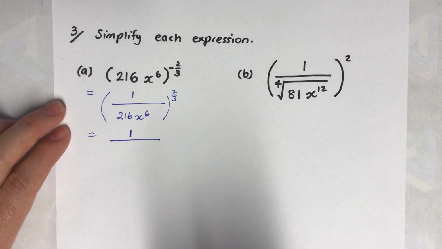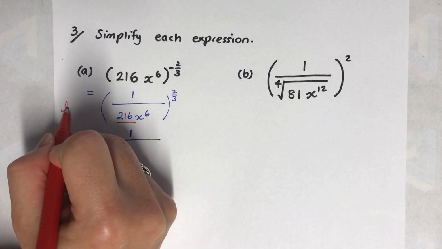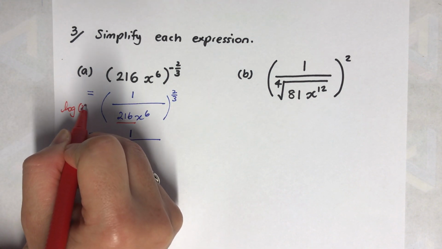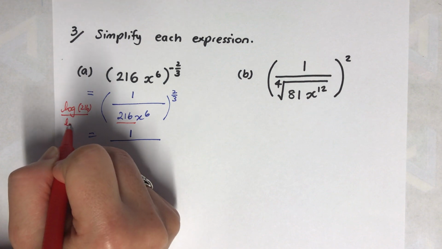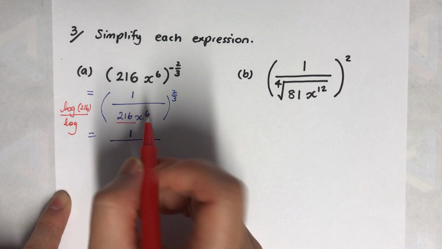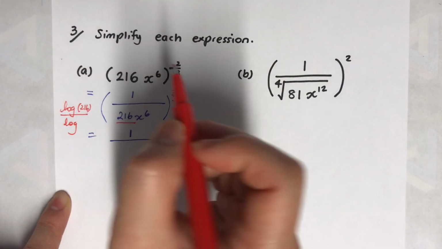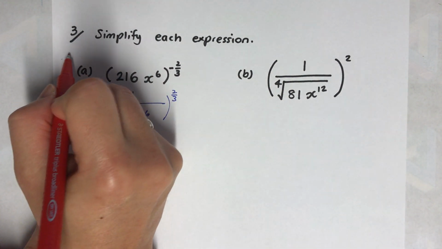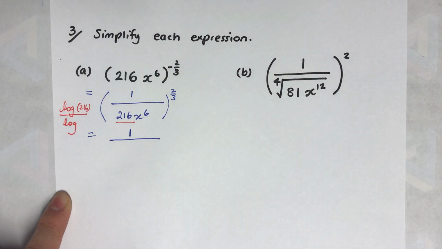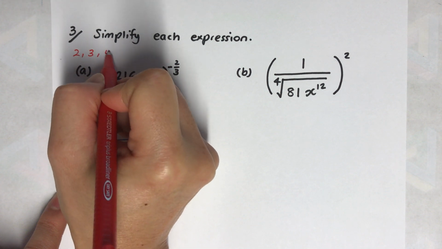Now remember, what's the power of things? So I'm going to go log 216 over log. Now we need to think about this. What base are we going to use? This is an even number, but then it's got 6 at the end. So I've got 2, 3, 4, 6.